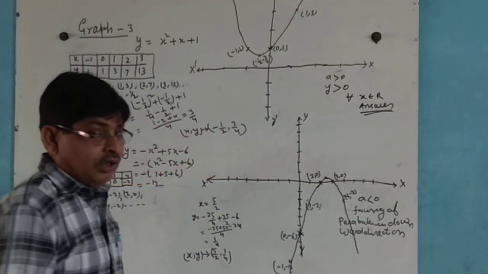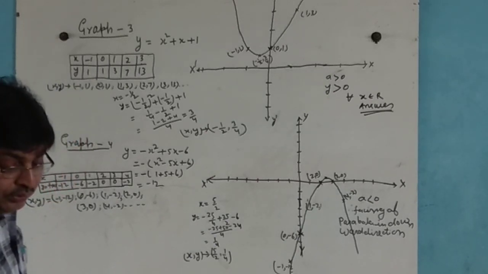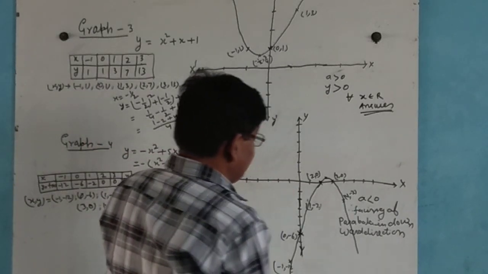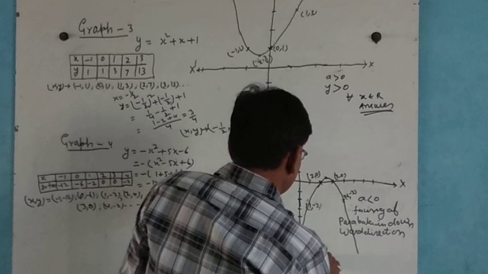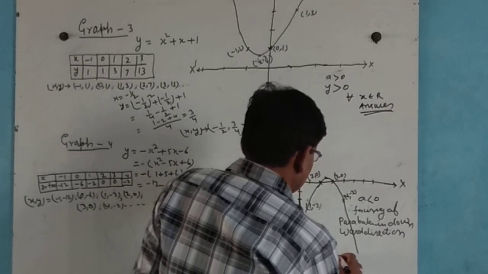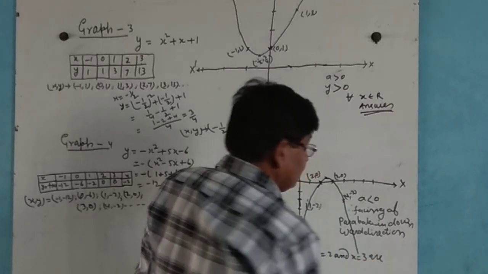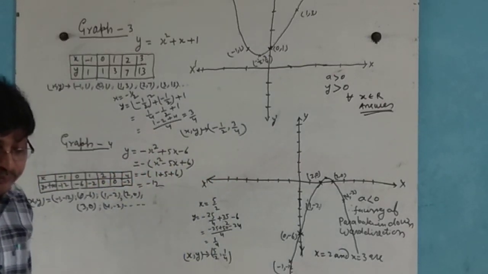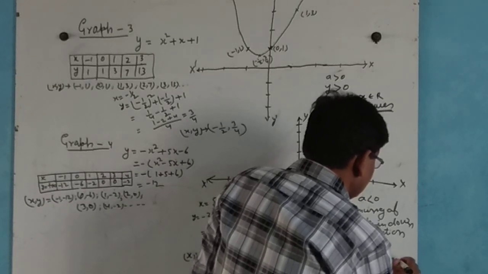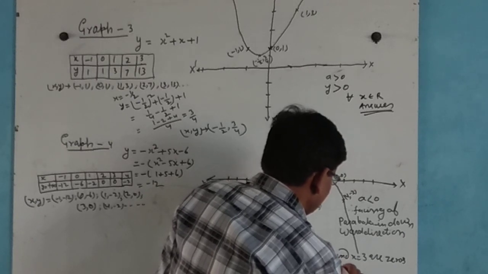This is our parabola, and x equal to 2 and x equal to 3 are the zeros of the polynomial.